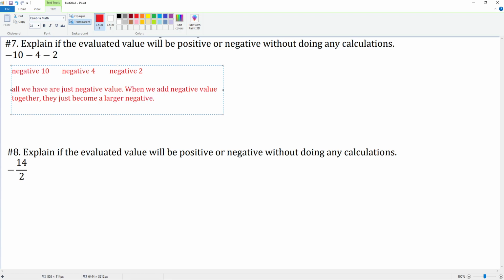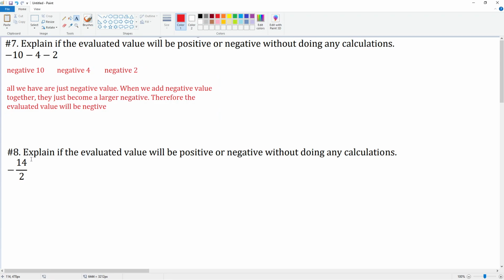Therefore, the evaluated answer, or the evaluated value, will be negative. There you go.